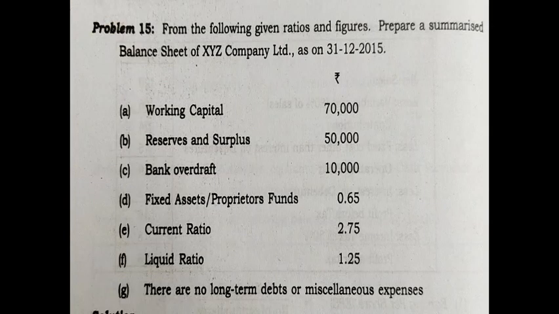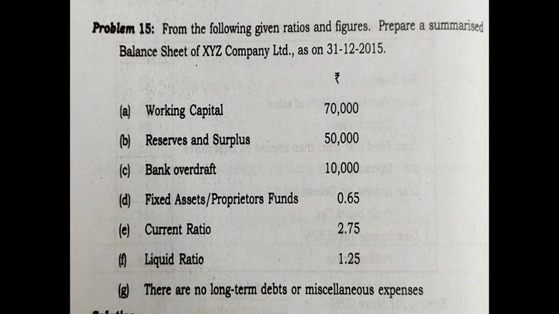Question: from the following given ratios and figures, prepare a summarized balance sheet of XY Limited as on a specific date. In the question, working capital amount rupees 70,000, reserves and surplus 50,000, bank overdraft rupees 10,000, fixed assets to proprietors' fund is 0.65.